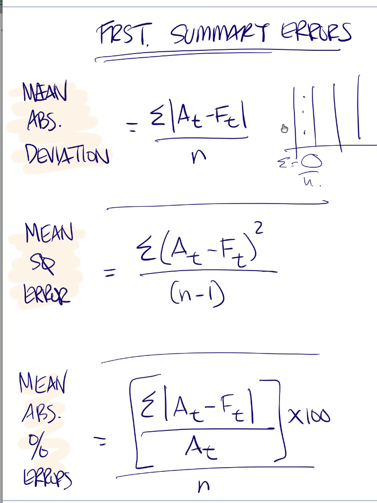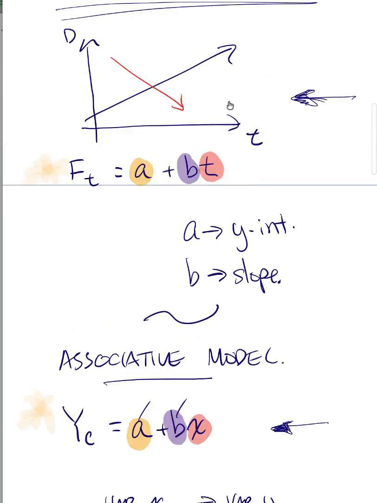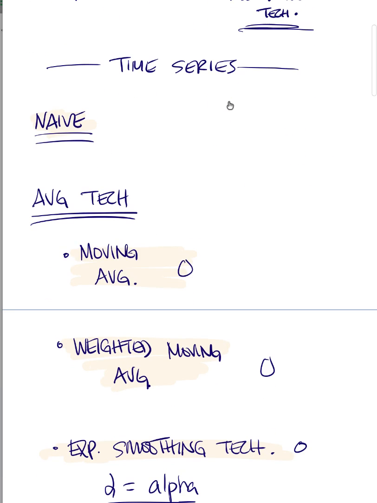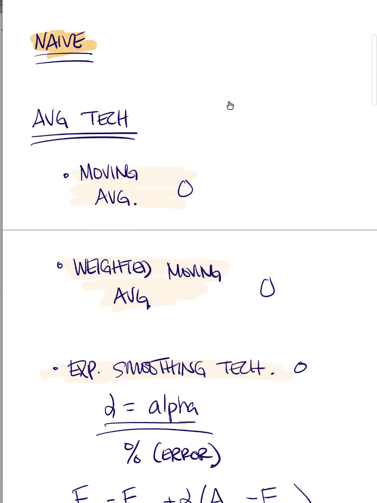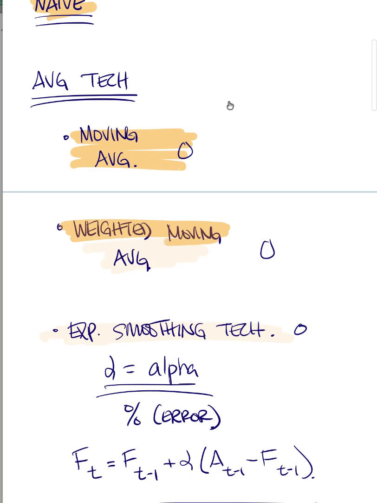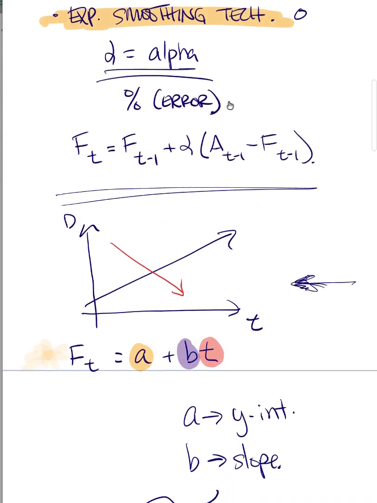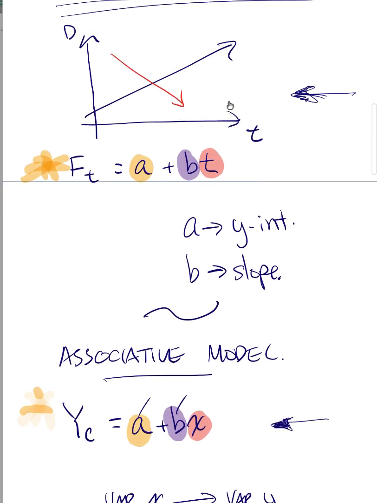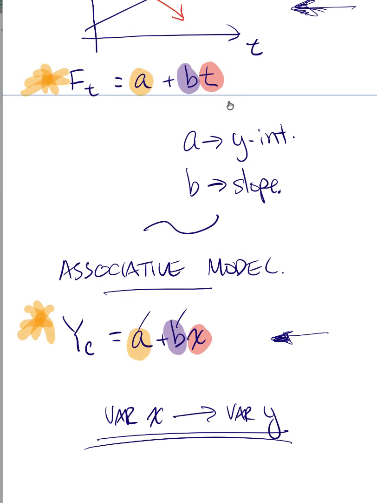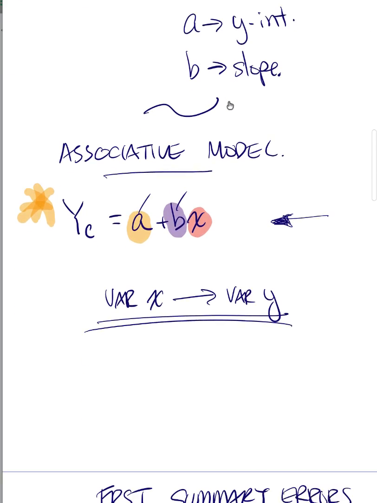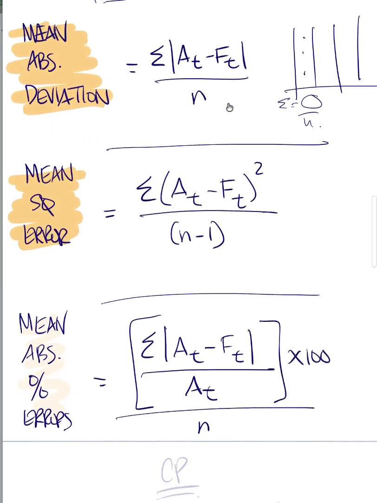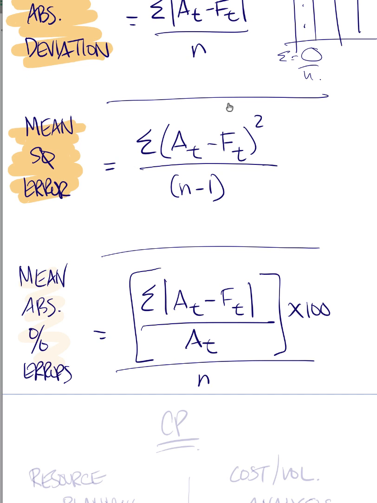I would highly recommend, on your cheat sheet, you definitely want to know the naive approach. We want to know the moving average approach, the weighted moving average approach, the exponential smoothing. We want to know the differences and how to solve the associative and the trend model. Definitely want to know the mean absolute deviation, mean square, and I probably may not give you a question with the mean absolute deviation.